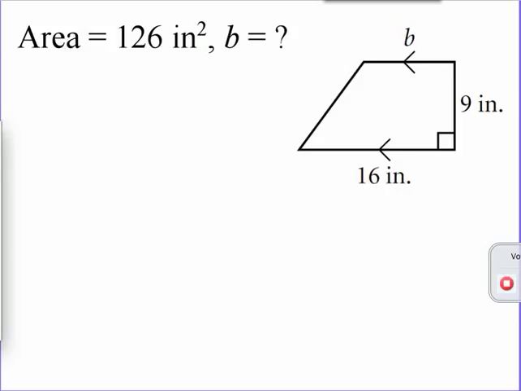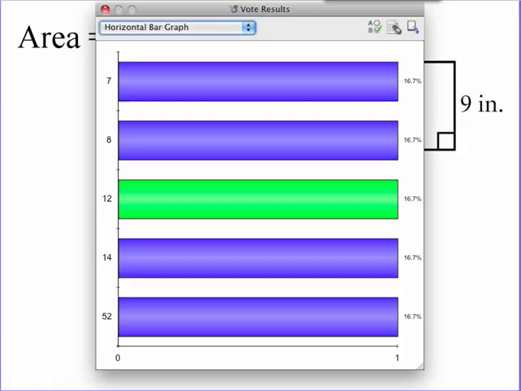Seriously? We'll see. I honestly just typed in a number. So did I. I didn't know. The answer is 12. Did you type anything? I put 52.